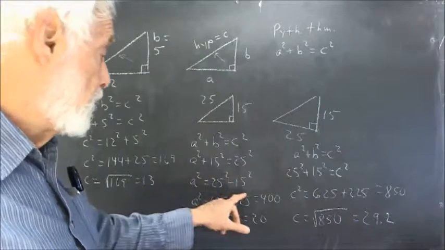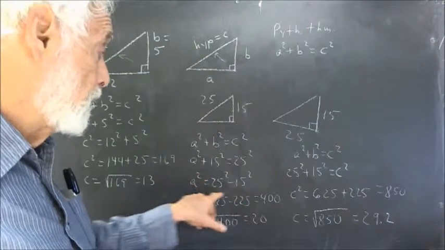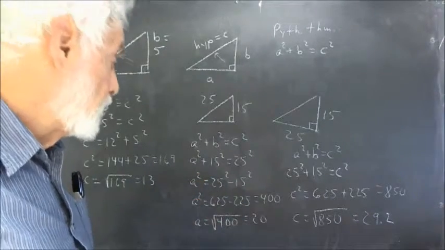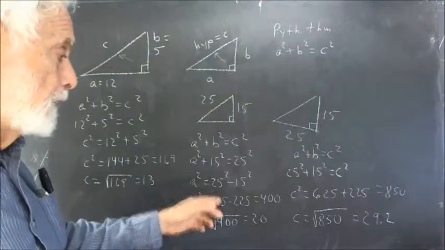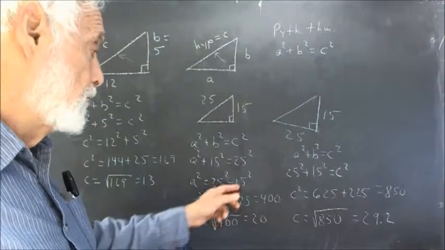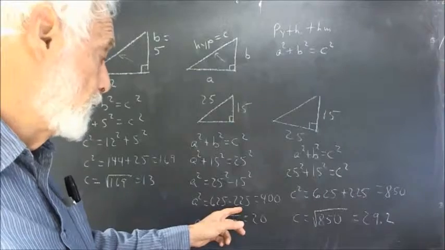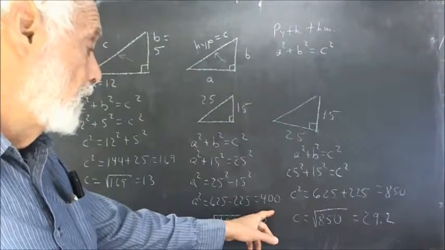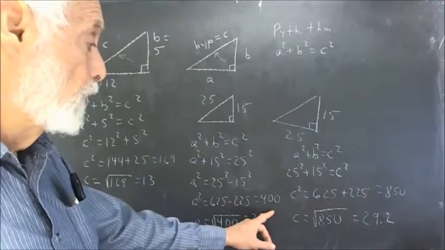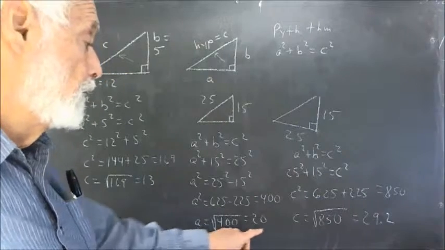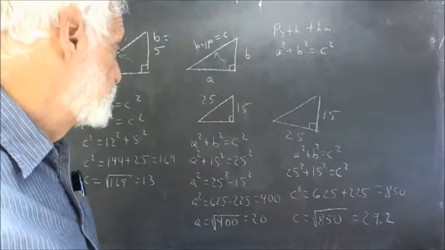We subtract 15 squared from both sides to get A squared equals 25 squared minus 15 squared. Then we do the arithmetic. 25 squared is 625, 15 squared is 225. We subtract those, we get 400, so A squared is 400. A is the square root of 400, which is 20.